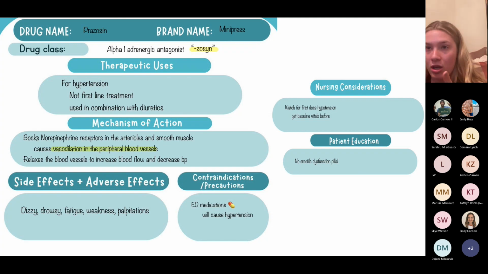It's not a first line treatment. Usually, we use it with a couple other different things. But the main job of a zosin drug is to kind of get us out of that high hypertension or hypertensive crisis. How is it doing this? It's blocking that norepinephrine. And it's going to cause vasodilatation.